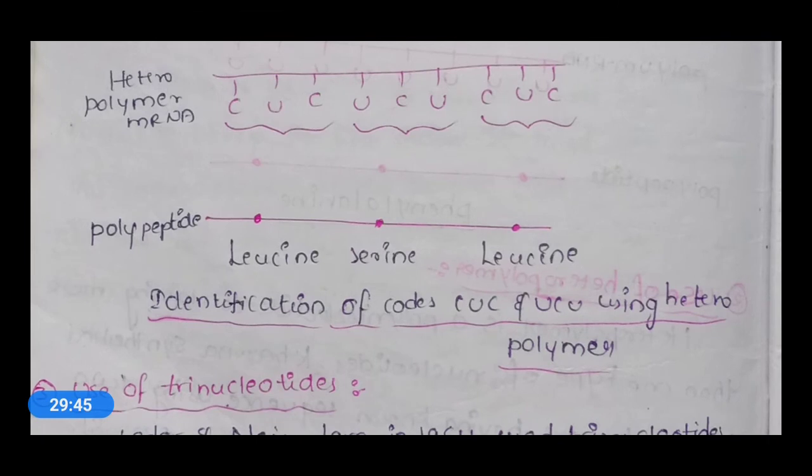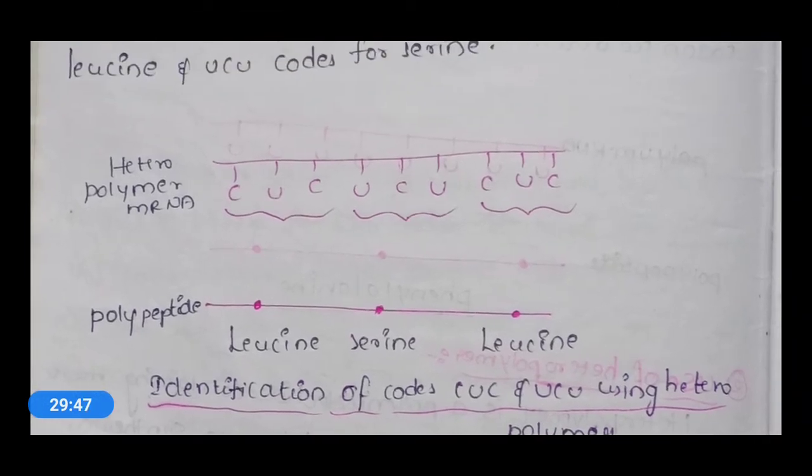So till now, how many codons have we discussed? The first ever identified codon is UUU for phenylalanine. Next, Nirenberg and Ochoa carried out poly A, and AAA codes for lysine, and poly C, CCC, codes for the amino acid proline.